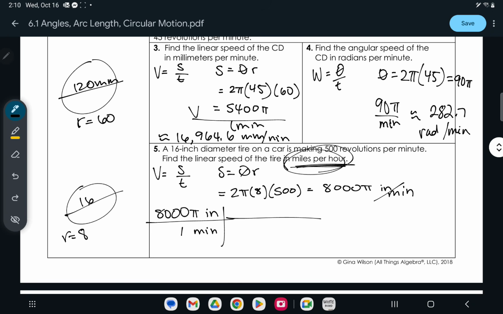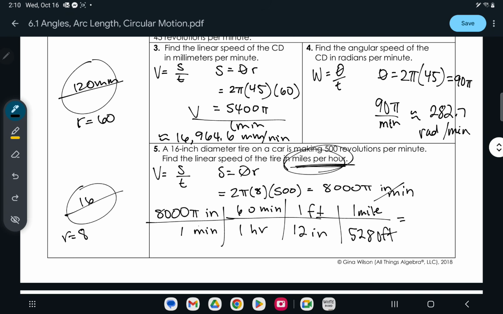There are 60 minutes in 1 hour, so that covers my hour conversion. Now I need to get from inches to miles. 12 inches are in 1 foot, and there are 5,280 feet in 1 mile.